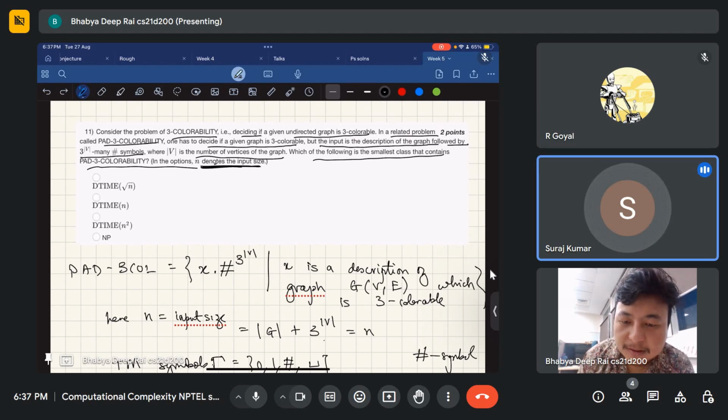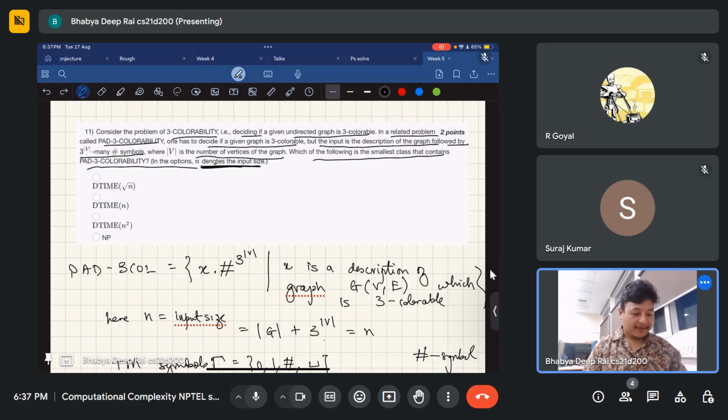If the input was just 3 to the power v vertices, brute force would be expensive, but now the input is inflated by the order of 3 to the power v. So it is order of n in terms of input. Right. Good. That's right.